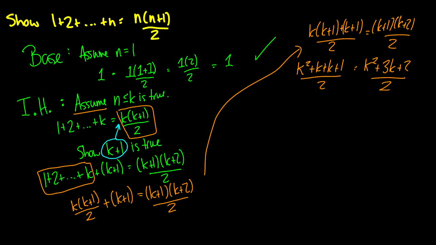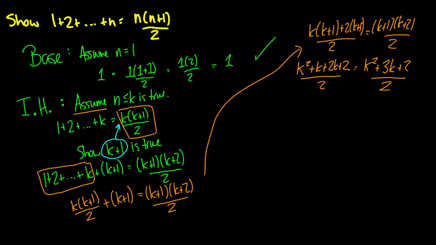And when I take a look at this, I see that my math is just a little bit wrong. This should be plus 2 times (k plus 1) when I fix my mistake, which means this will be k squared plus k plus 2k plus 2.